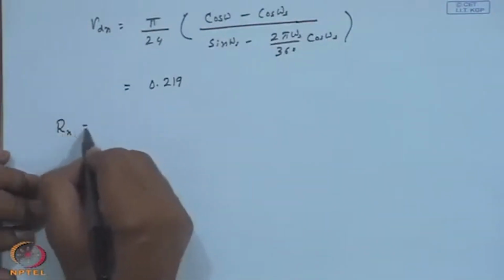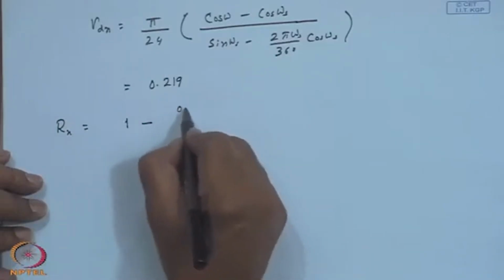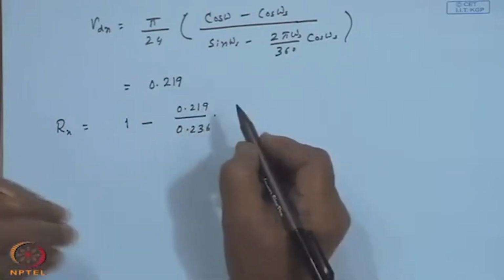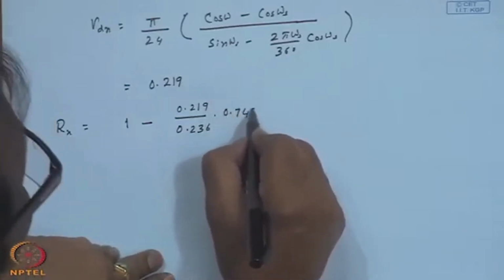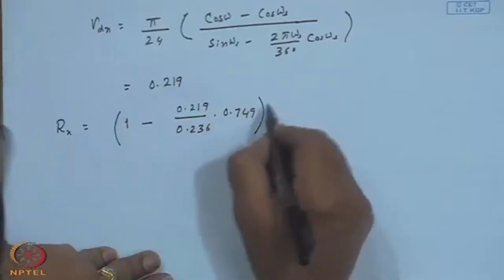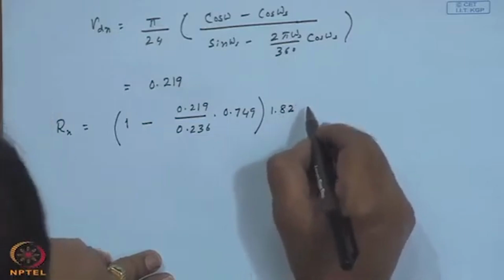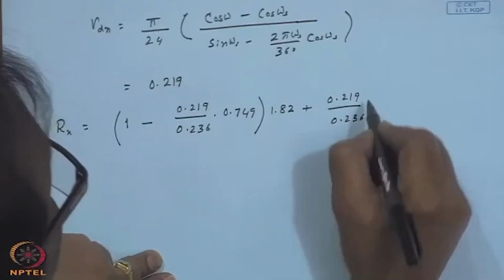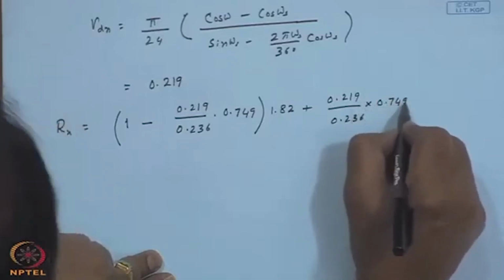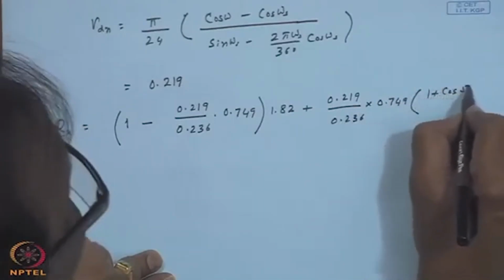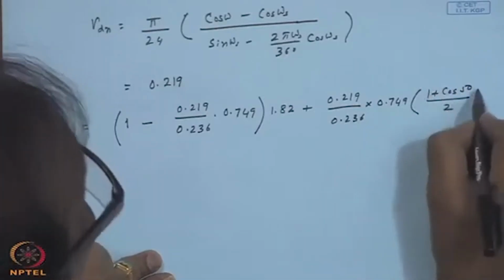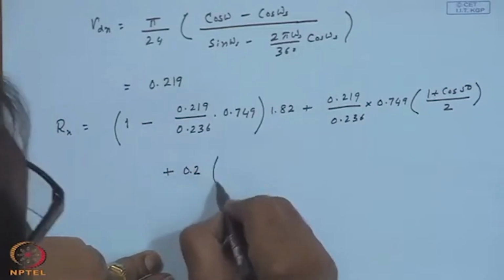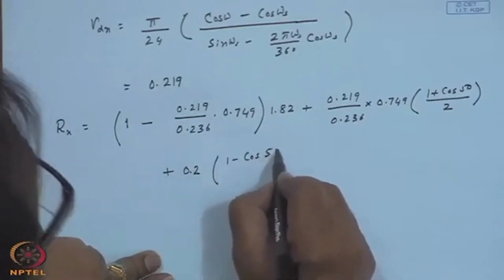Now, Rn, that is the noon time tilt factor, is 1 minus RDN by RTN times 0.749 Hd by H, I am sorry, times 1.82 plus 0.219 by 0.236 into 0.749 into 1 plus cos 50 by 2 plus 0.2 times 1 minus cos 50 by 2.